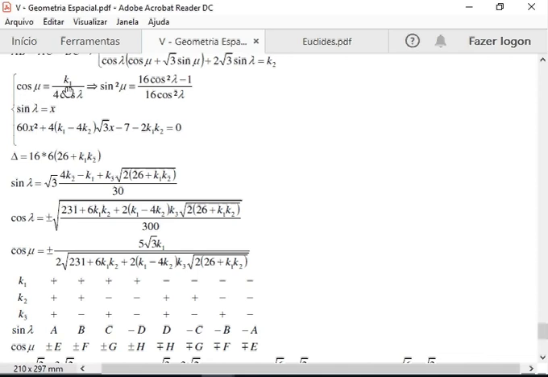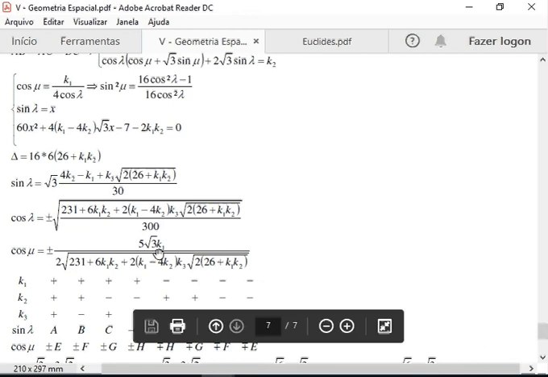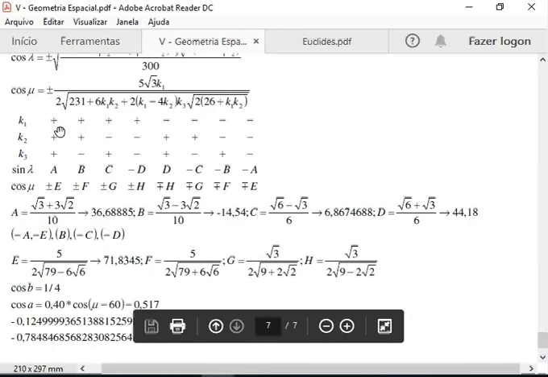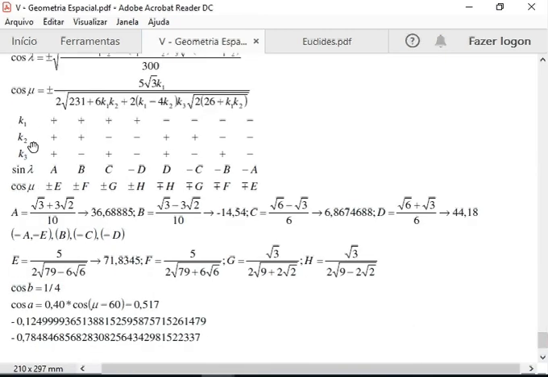Cosine of mu is K1 over 4 cos lambda plus or minus 5 square root of 3 K1 over that thing. K1 is plus or minus, K2 is plus or minus, K3 is plus or minus. This gives us sin of lambda and cosine of mu.